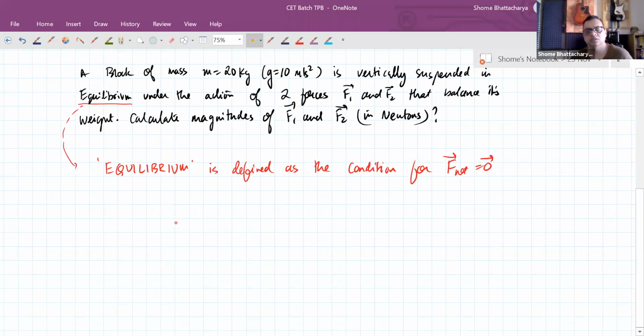So in this above case, there are three forces which are acting on the body actually. Though in the diagram earlier we had shown two forces, F1 and F2, but naturally there's the weight of the body also. So this is like the third force.